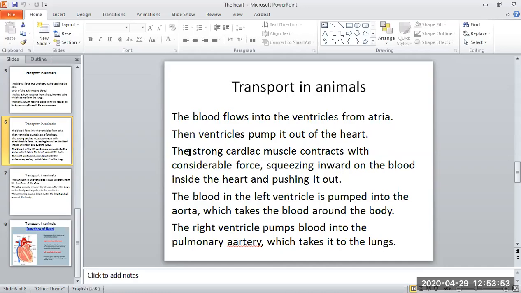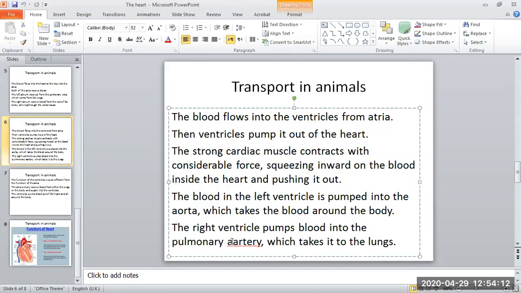The blood in the left ventricle is pumped into the aorta, which takes the blood around the body. The right ventricle pumps blood into the pulmonary artery, which takes it to the lungs.